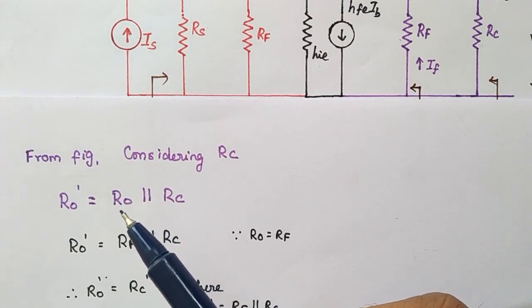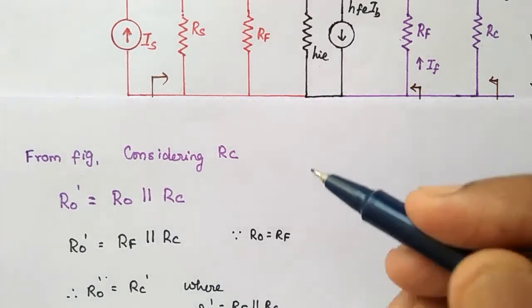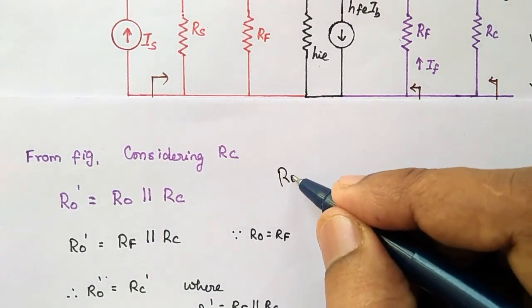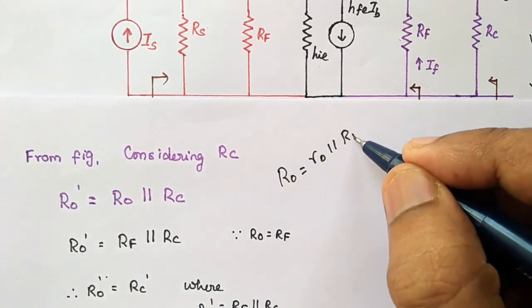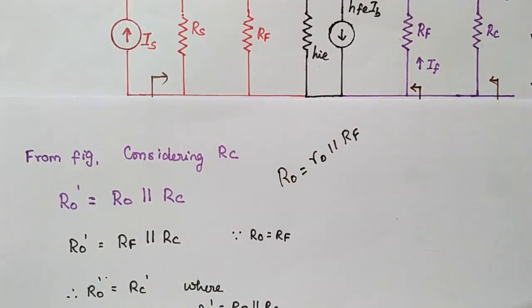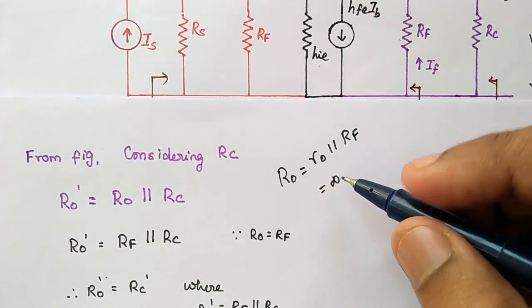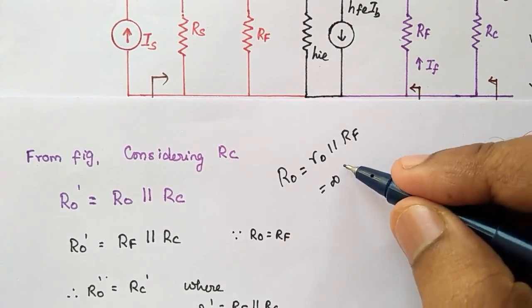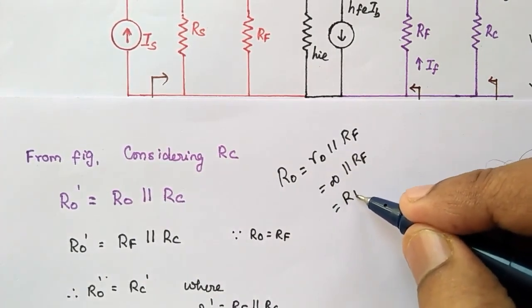R naught is already replaced with RF because in the previous expression what we understood is that R naught is the parallel combination of RF. The internal output resistance is infinity due to early effect, so that is parallel with RF. So finally we get RF.